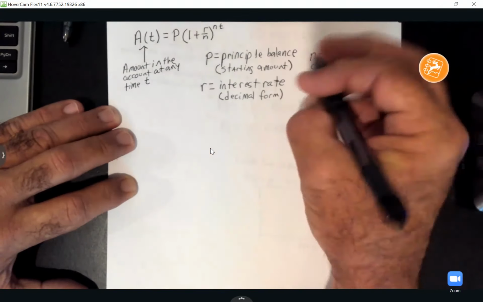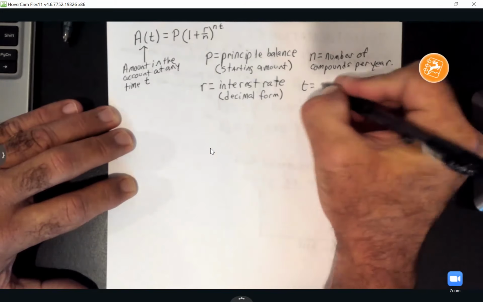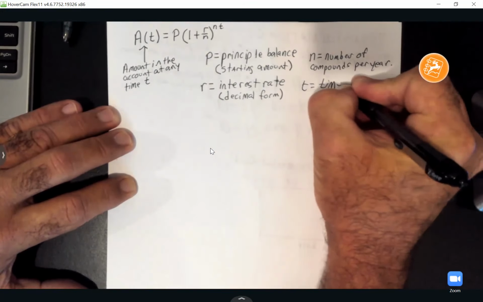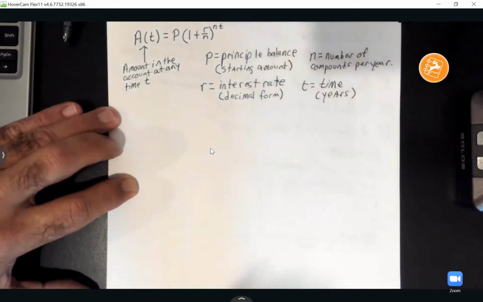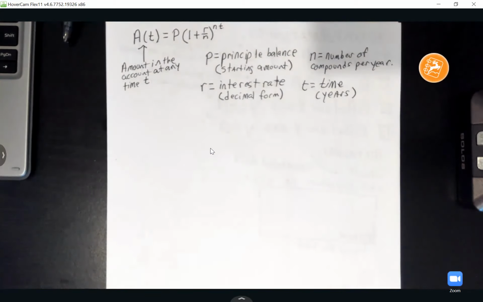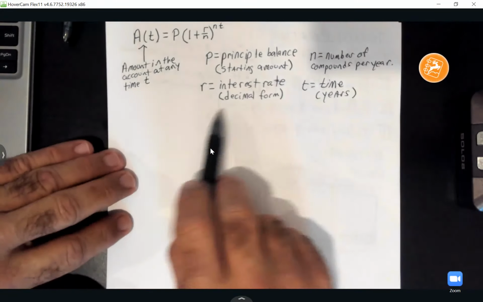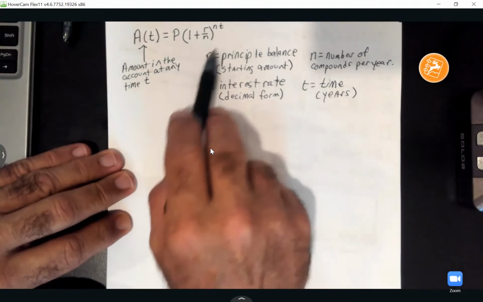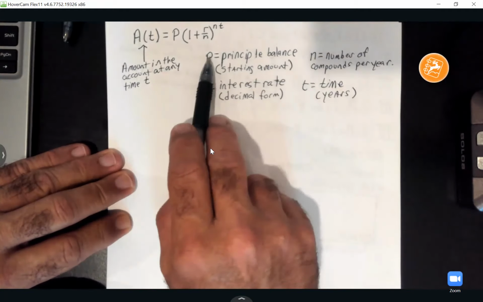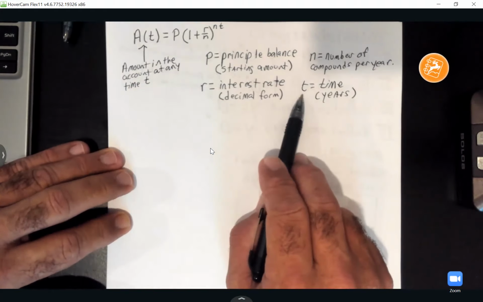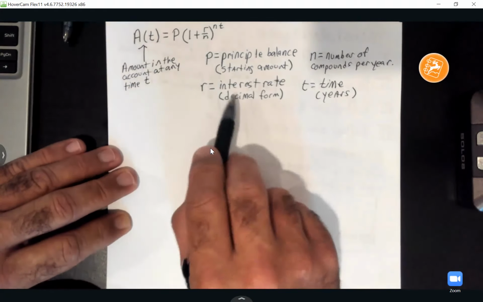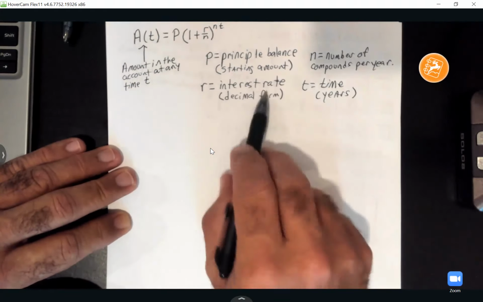And y'all guess what T is? T is the time, and that's going to be in years. Okay? So that's what all my little symbols are standing for: principal, interest rate, number of compounds, time in years. Now, y'all, let me just play with y'all a second.